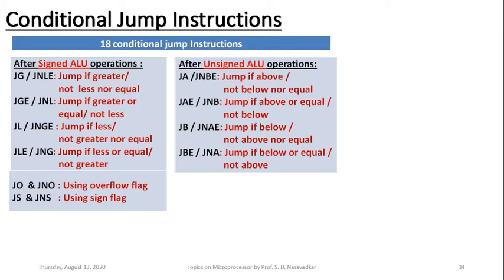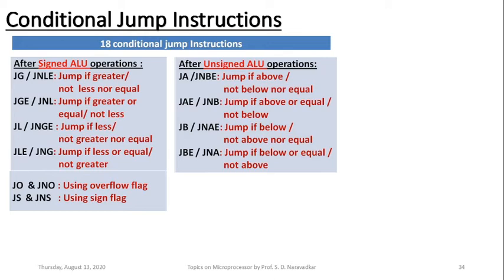JA, jump if above, or JNBE, jump if not below nor equal. Then the second instruction here, jump if above or equal, is having alternate mnemonic jump if not below. So instructions are written on the next line.